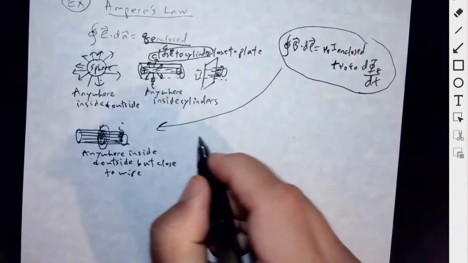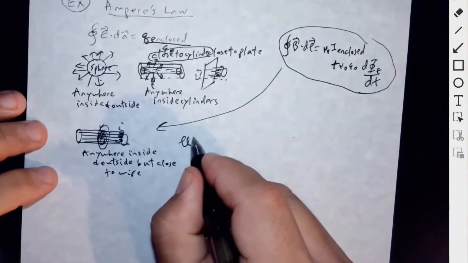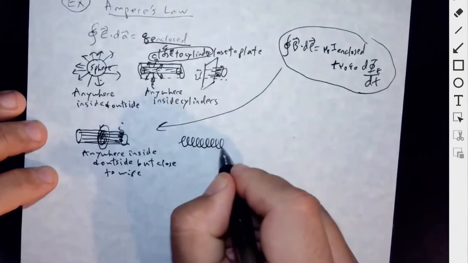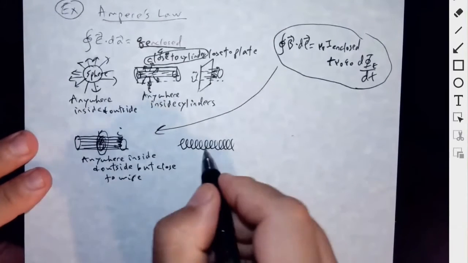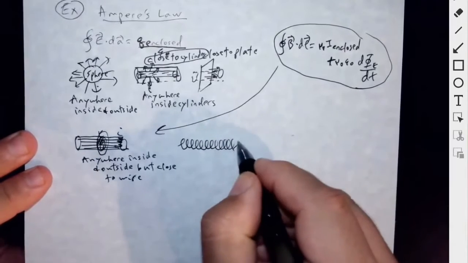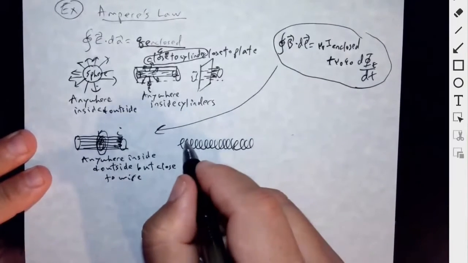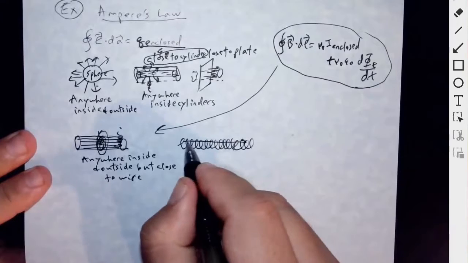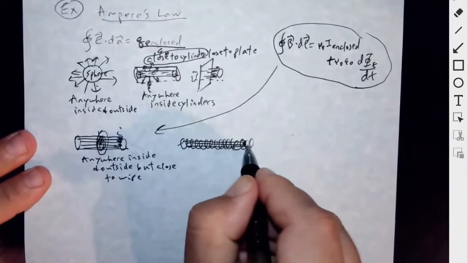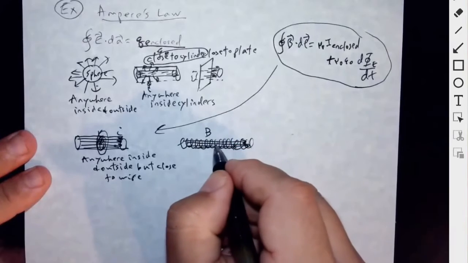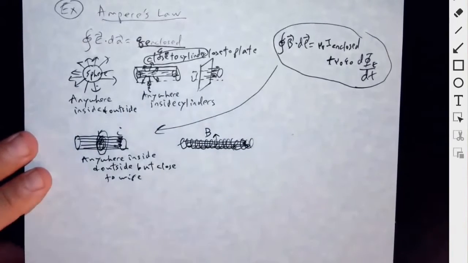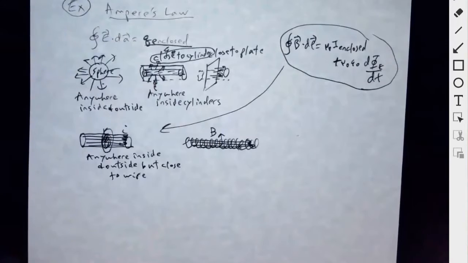The other one is a solenoid. Remember how I covered the solenoid the other day? And I said, oh, if it's an idealized solenoid, it's got a lot of wrappings and it's very long. So then the magnetic field inside is uniform. And we can find the strength of that magnetic field using Ampere's law.